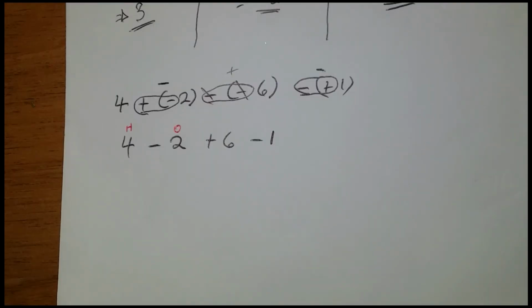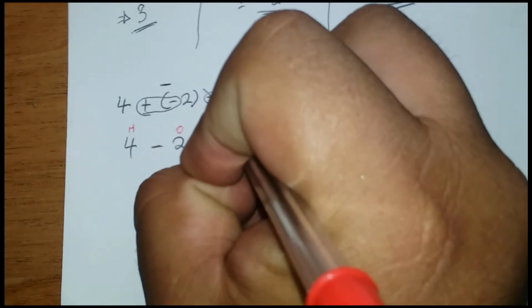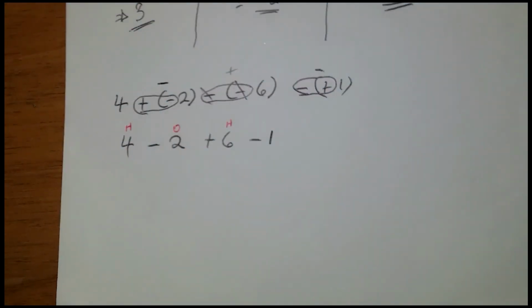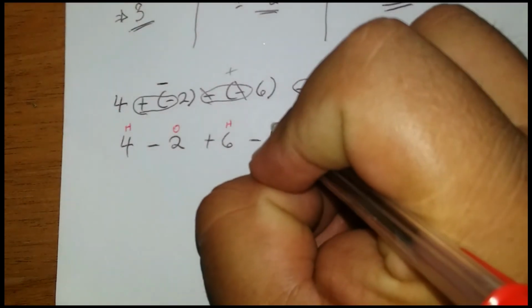The 6, do you have that amount or you owe that amount? The 6 is positive, so I have that amount. Right? So the signs, the negative and positive, will tell you whether you have that amount or you owe that amount. And the 1 is negative again, so that means I owe.